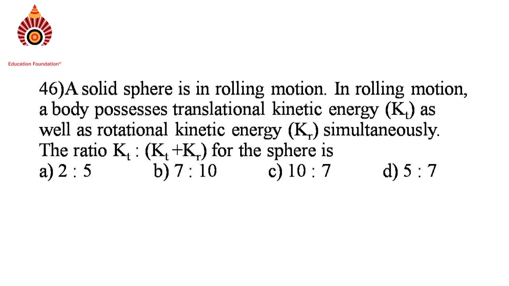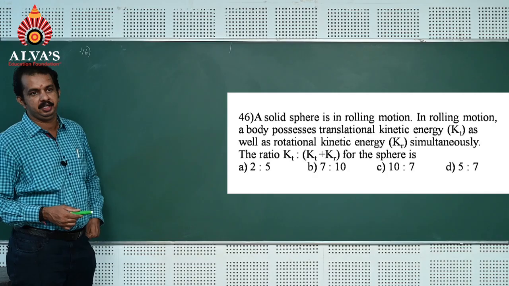Question number 46. A solid sphere is in rolling motion. In rolling motion, the body possesses translational kinetic energy as well as rotational kinetic energy simultaneously. The ratio of translational kinetic energy to the sum of translational kinetic energy and rotational kinetic energy for the sphere is asked here.